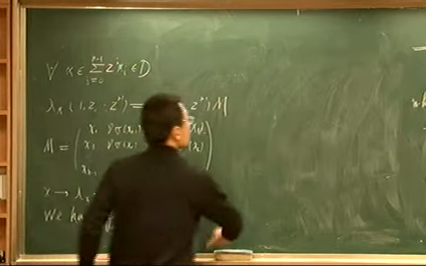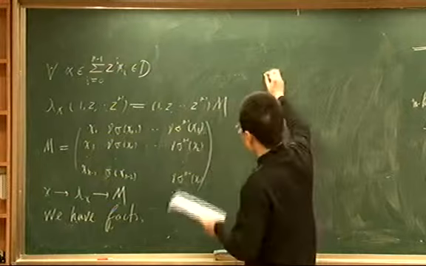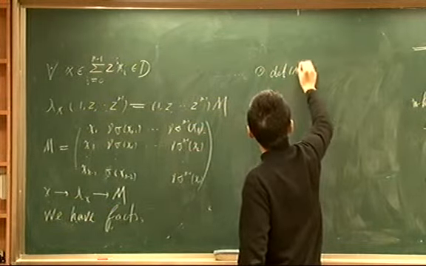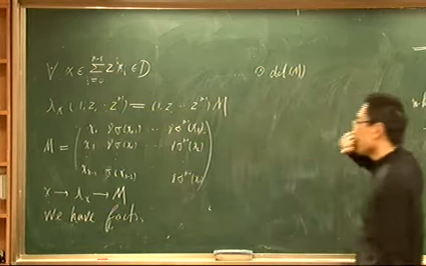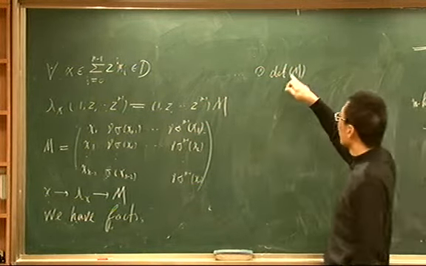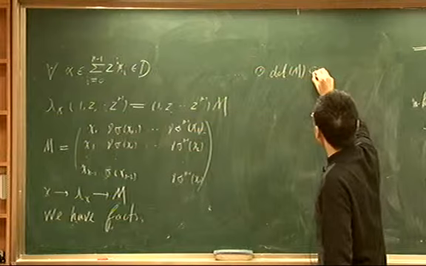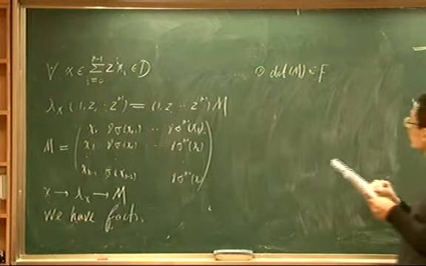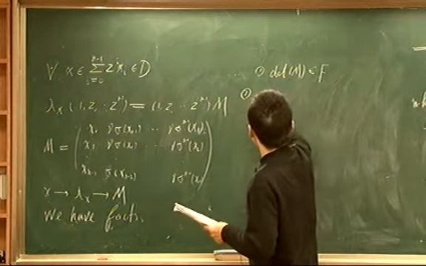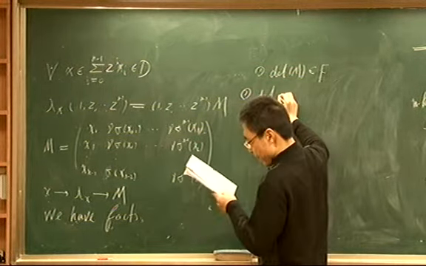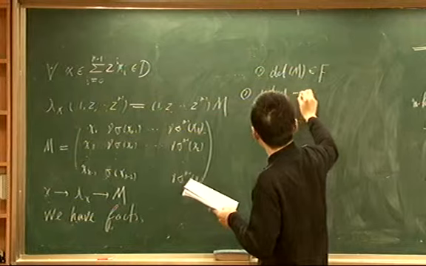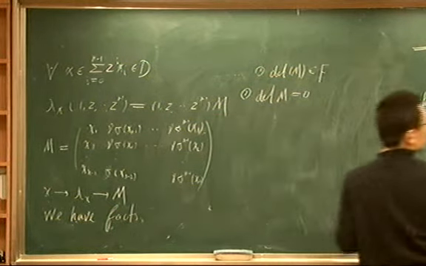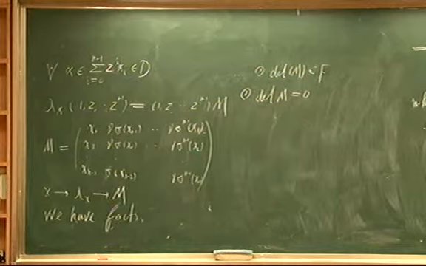First, the determinant of the matrix belongs to F. Second, the determinant is not equal to 0. Sorry, we must suppose these things.